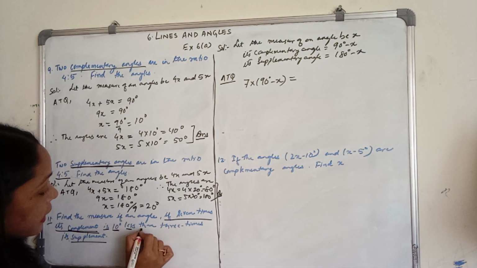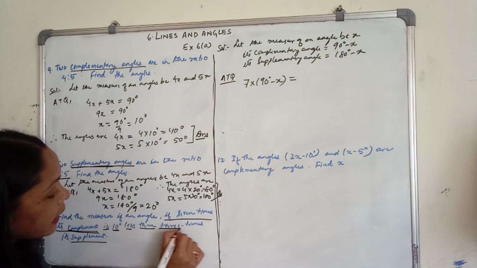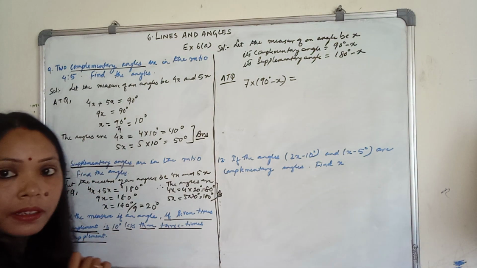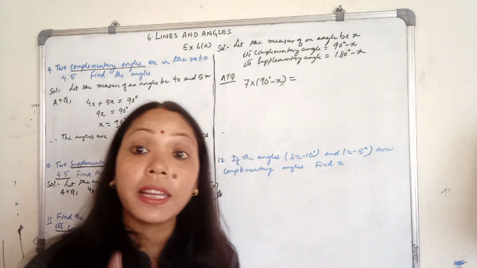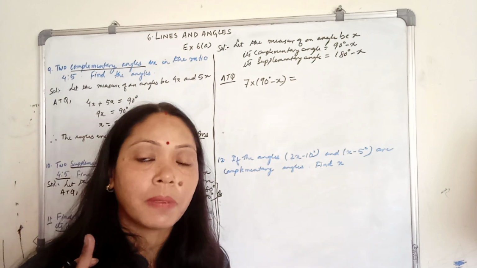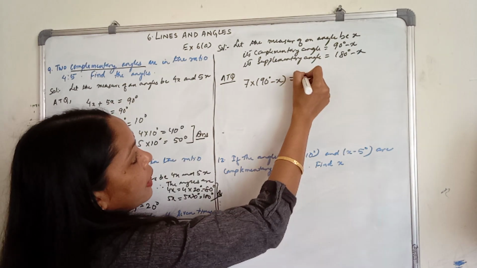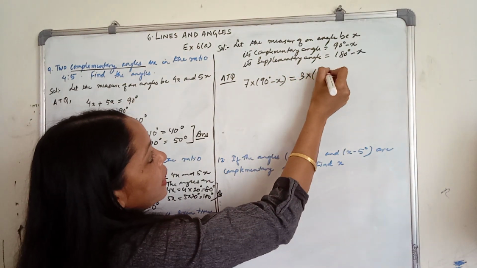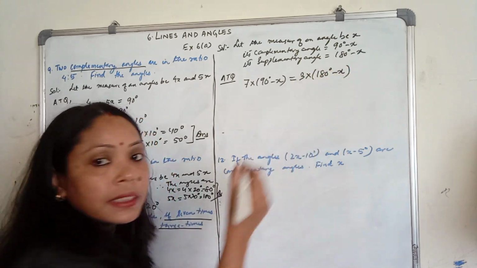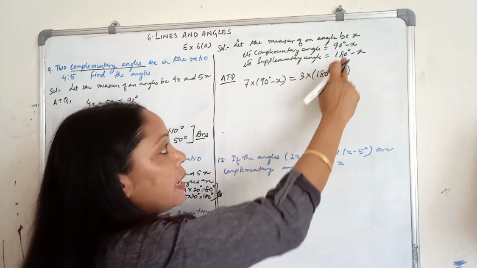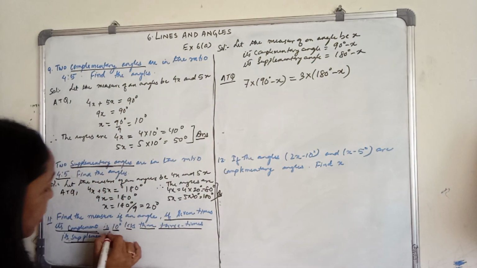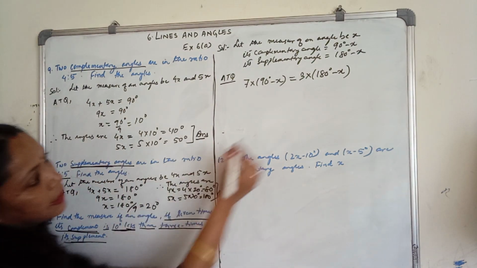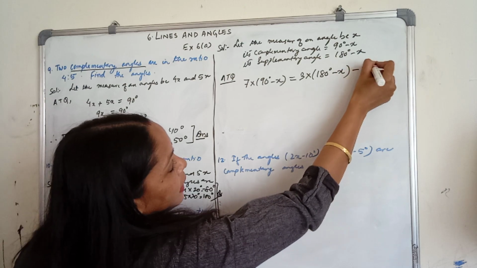This one. Then less than 3 times its supplement. First you have to make the 3 times its supplement. 3 times means multiply. So 3 into 180 degree minus x, because supplement is 180 degree minus x. Now 10 degree less, it means minus 10 degree.